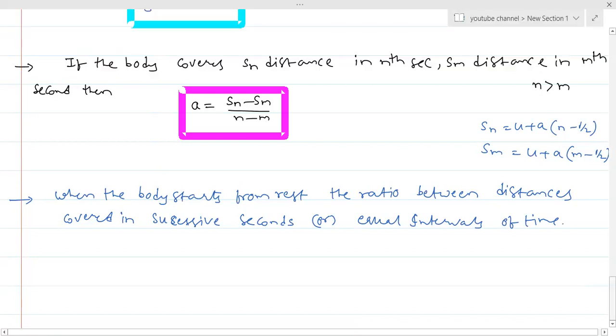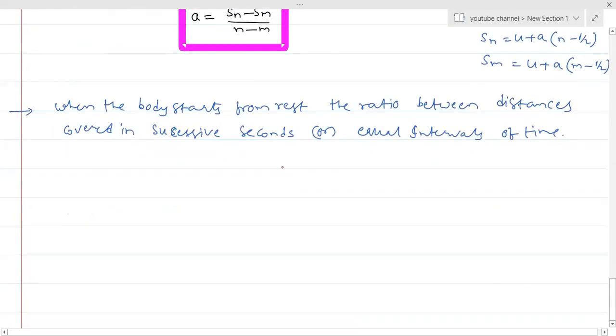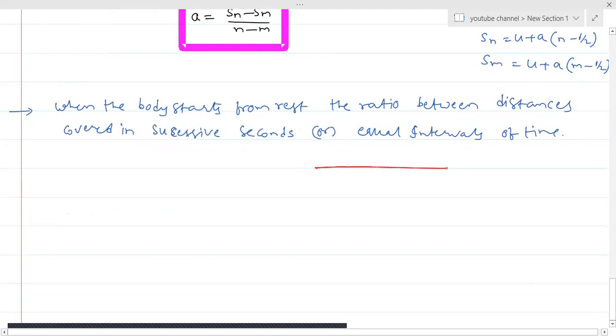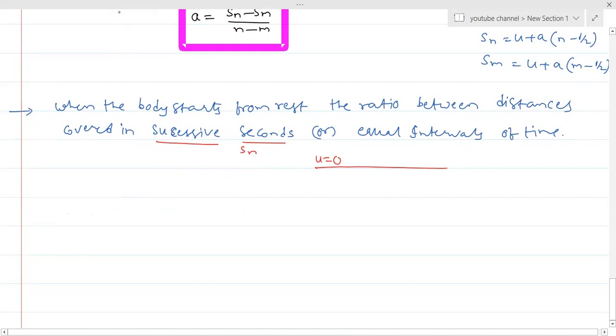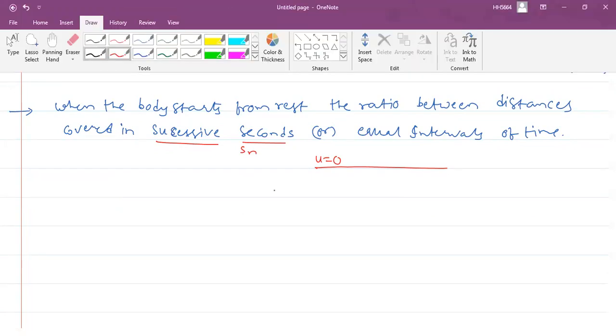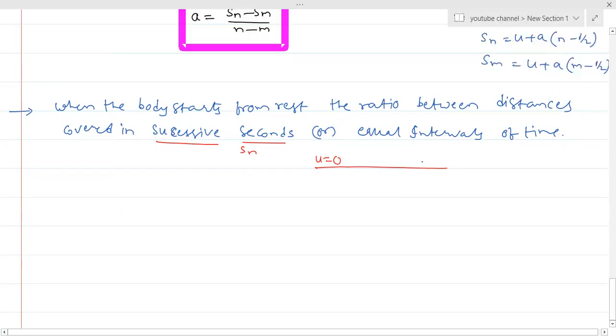So we are taking that the body starts from rest, u equivalent to 0. Distance covered in successive seconds, so he is speaking about the Sn distance covered. Then automatically the distance covered in nth second is Sn.